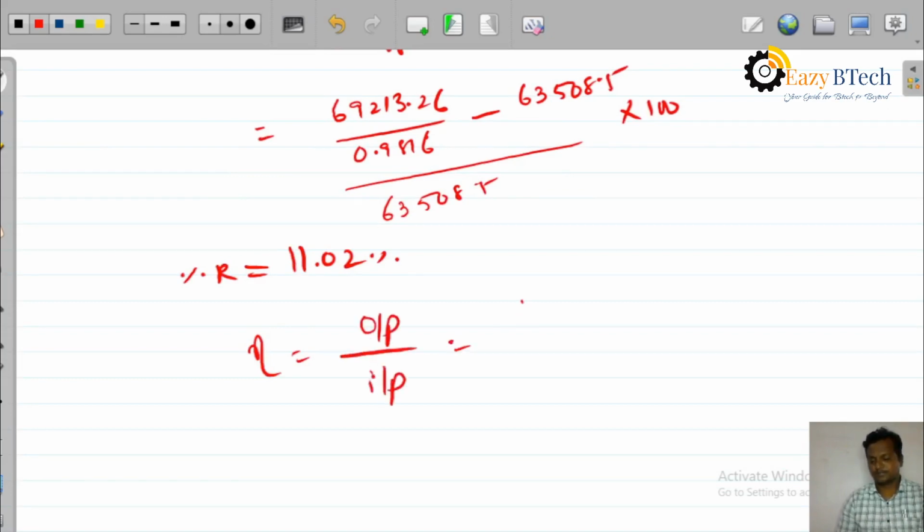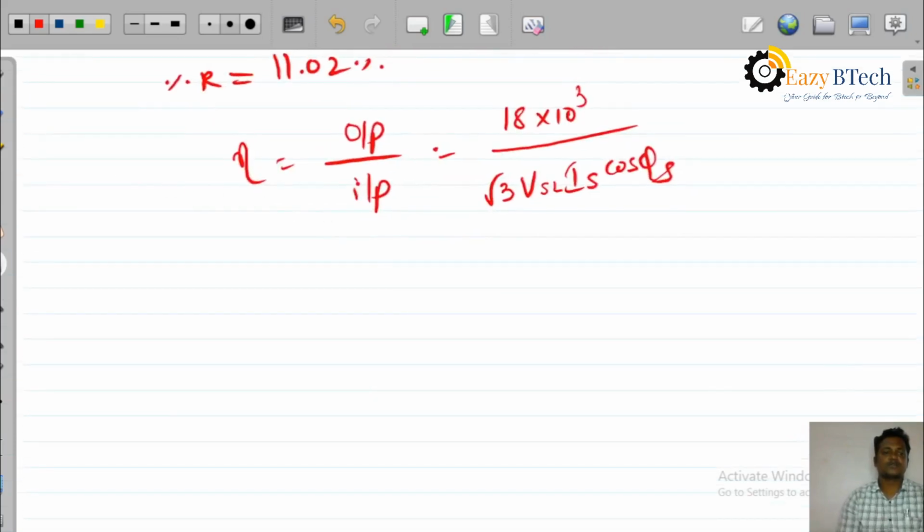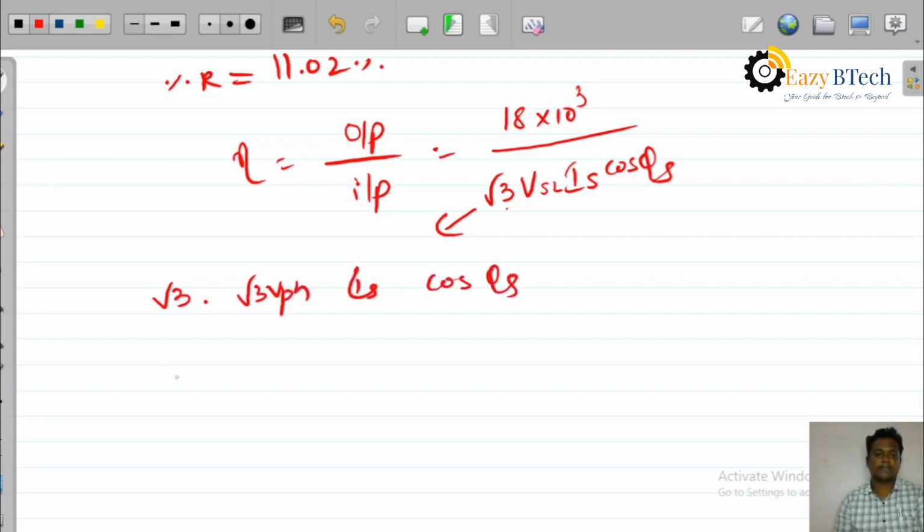Now the efficiency equals output by input. Output is 18 megawatt divided by root 3 VsL Is cos phi s. Substitute here, we can multiply this one. Root 3 into root 3 V phase Is cos phi s, here 3 Vs Is cos phi s.